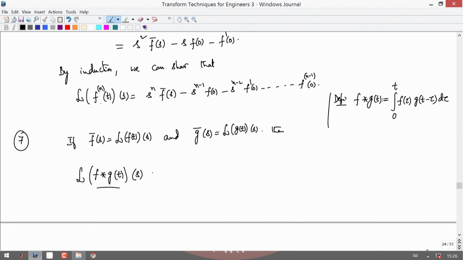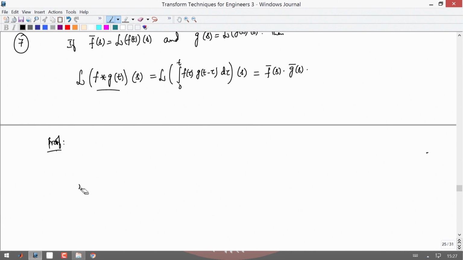So, if you do that, what is the Laplace transform of the convolution, the integral from 0 to t of f of tau g of t minus tau d tau? As a function of s, it will be simply the product of the Laplace transforms, that is f bar of s times g bar of s. This you can easily show. So, what is the proof? The proof is not difficult.